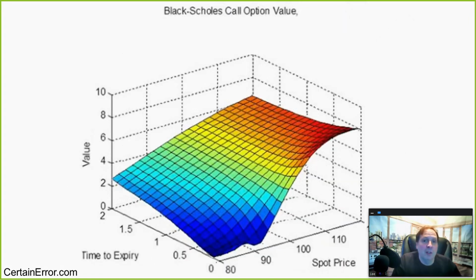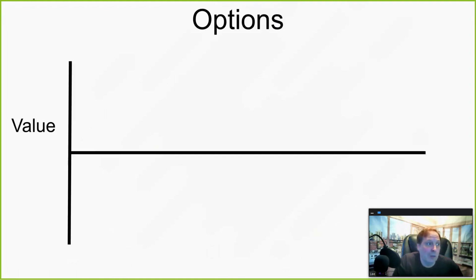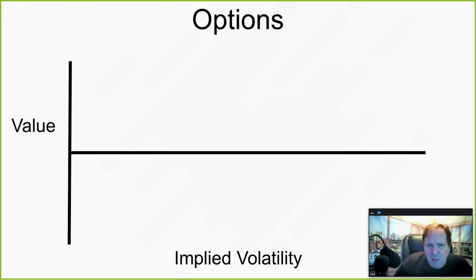Anyway, if we look at a graph, what we can see is that the value of an option is based on the spot price, or the value of the stock, and the time to expiration. And we can see there's variations in the option's value based on time and price. But there's another thing that plays a role in it, and that's called implied volatility. It's important to realize that implied volatility is slightly different than volatility.